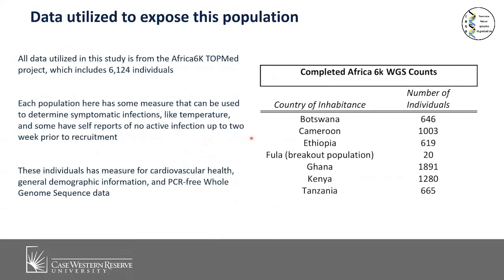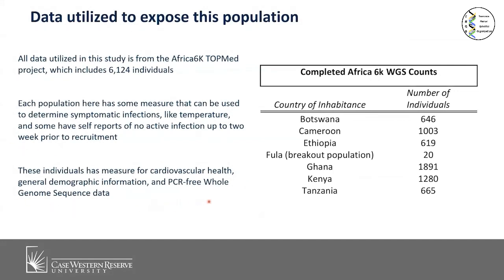I do want to note that each of these populations also has some measure for us to actually confirm that these people are asymptomatic, for example, temperature or self-report of no active infection in the last 2 weeks. The reason this is important is that if someone is carrying the parasite but doesn't have a temperature, they're likely not experiencing the traditional symptoms of malaria and thus can be determined as asymptomatic.